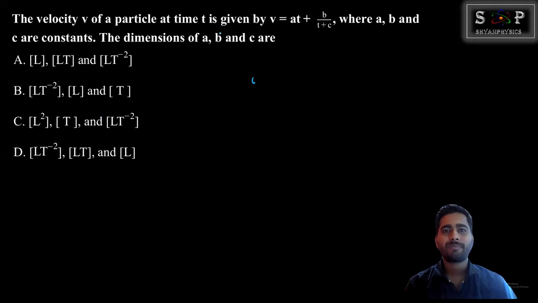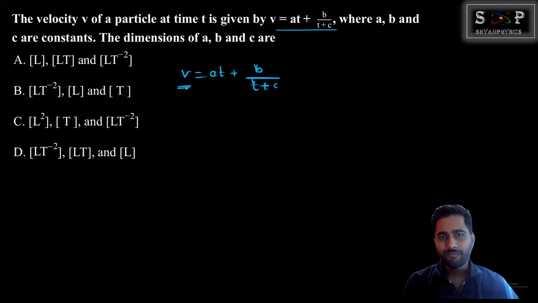Next, the velocity of a particle is given by this equation, where A, B, C are constants. They are asking for the dimensions of A, B, C. Now look here: velocity equals AT plus B divided by T plus C. If V equals this quantity, then the V dimension should equal both of them.